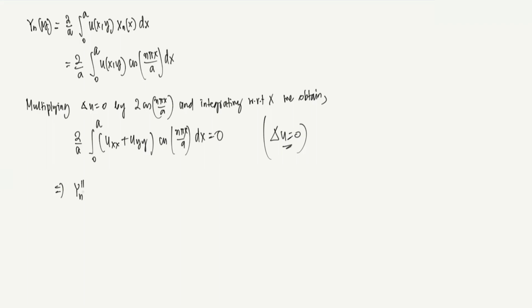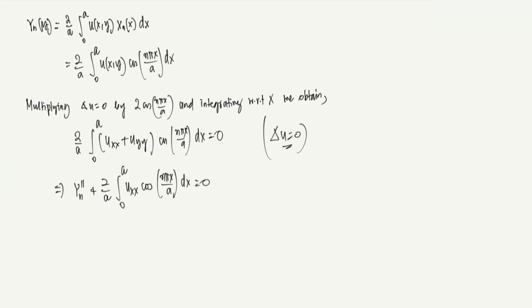That will imply that essentially this is yn double prime plus 2 by a, integral 0 to a, uxx cosine n pi x by a dx equals 0. Is it okay?